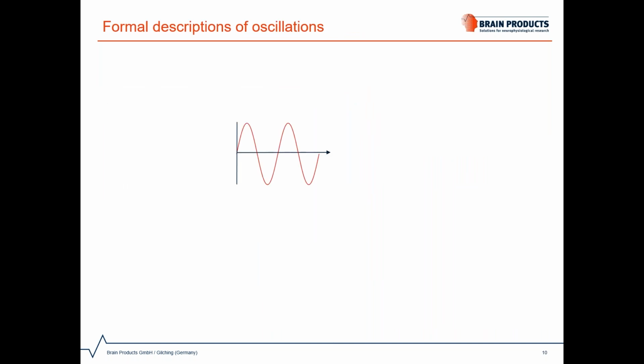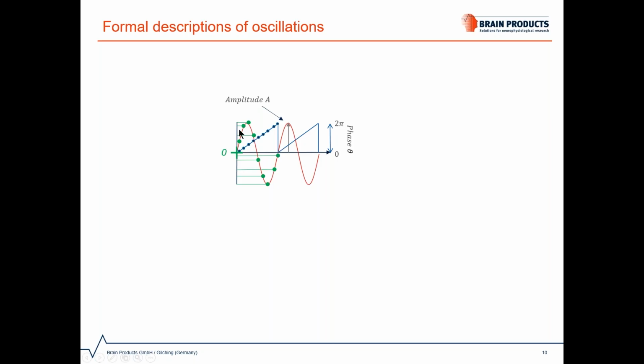So let's take the sine as an example oscillation. It has a constant amplitude, let's say 1, and each point on the curve can be defined with respect to the origin, the latest positive zero crossing, which we have here. We call this the phase of the oscillation and can specify it in radians between 0 and 2 pi.